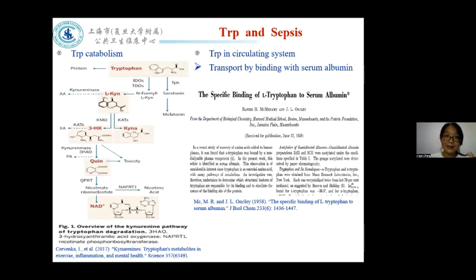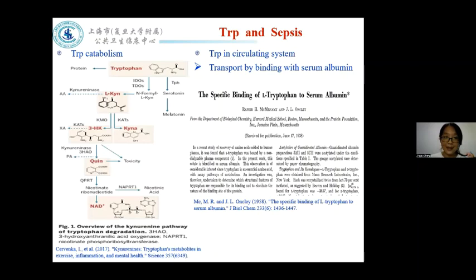Tryptophan is an essential amino acid in the human body. Most of the tryptophan catabolizes along the kynurenine pathway, as in this flow, and it is transported by binding with albumin in the circulating system.